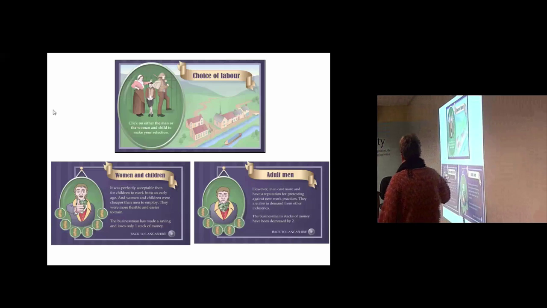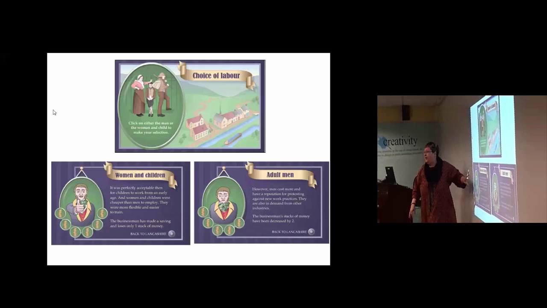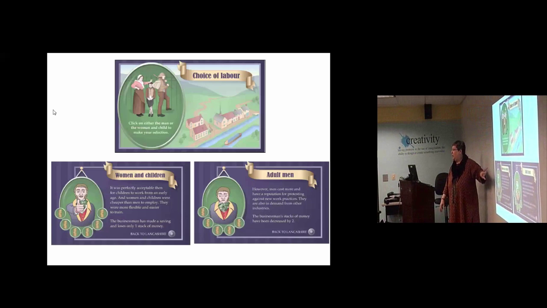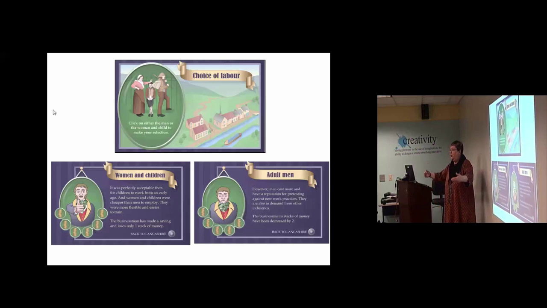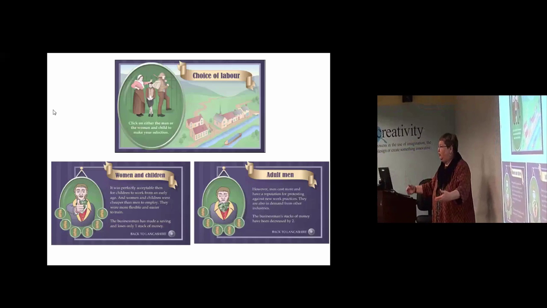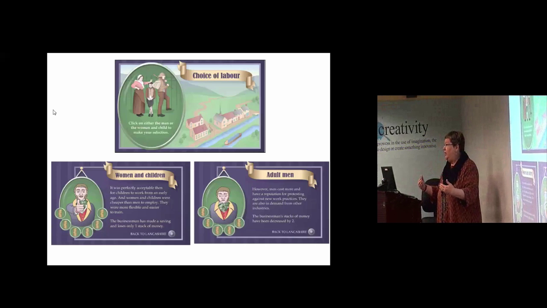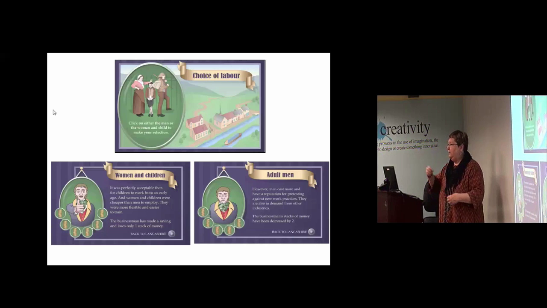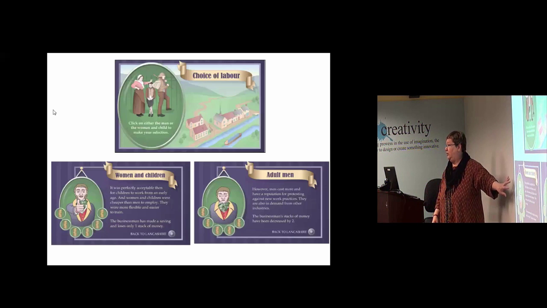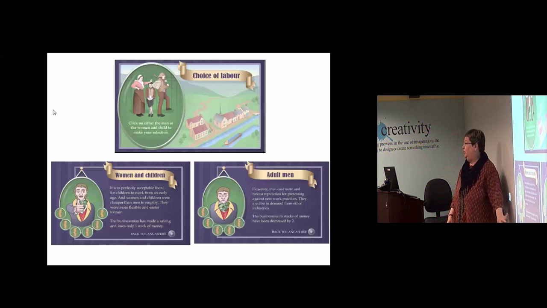But then we have this question, and I had them think about this not only in terms of morality. Is it a moral decision to have small children working 10-hour days? There's that aspect of it, but then I had them also consider, what are the long-term implications of having women and children work in a factory like this? Because it may mean an immediate increase in money to him, but how is society going to be impacted by that?